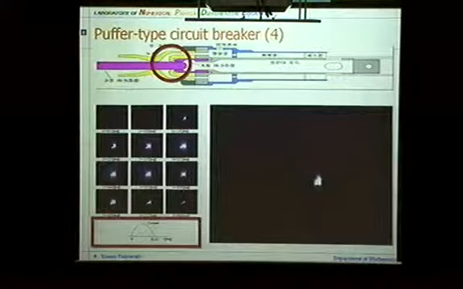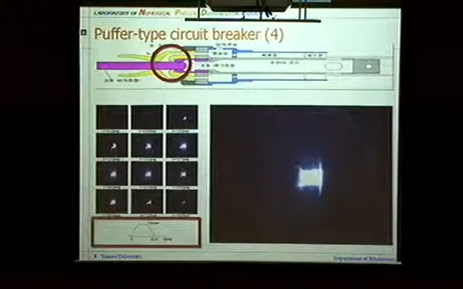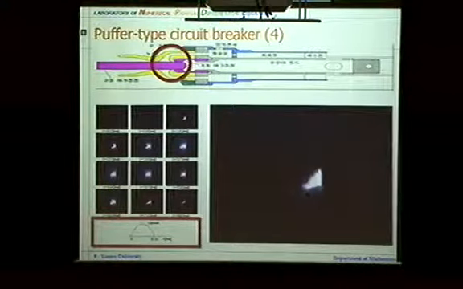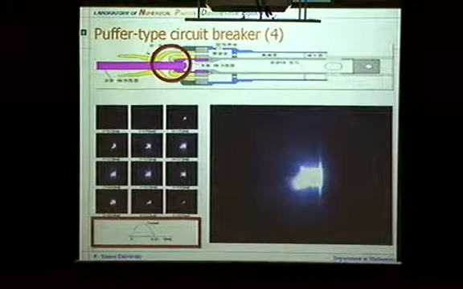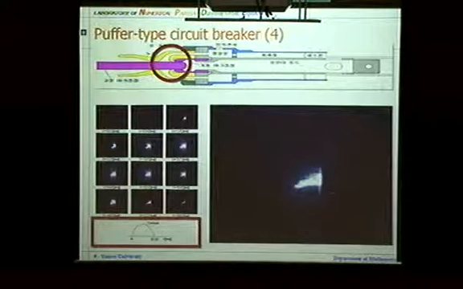Okay, so this is a more detailed picture of the arc. What happens is this part is basically a quite homogeneous arc. So electrons are moving very fast. But if you look at the boundary of this arc, there appear some turbulent motions. So to study more details, we need to study the structure of this electric arc in detail.